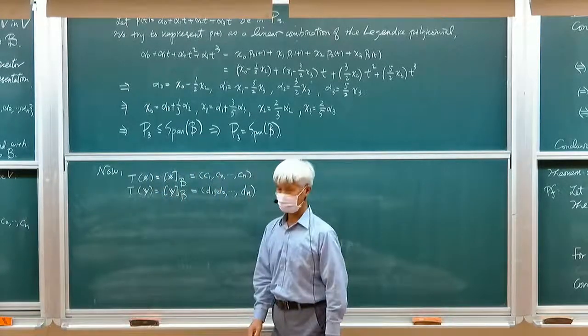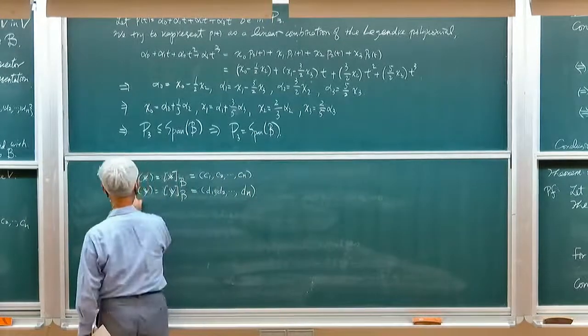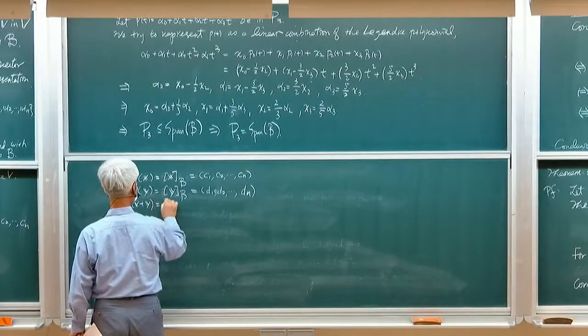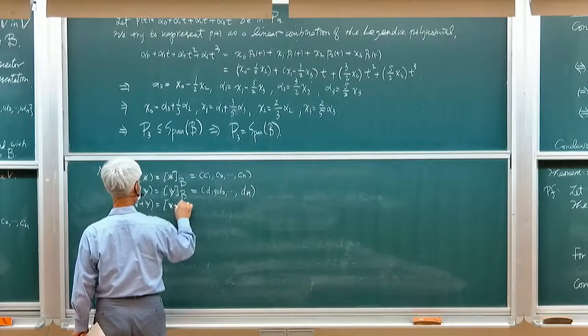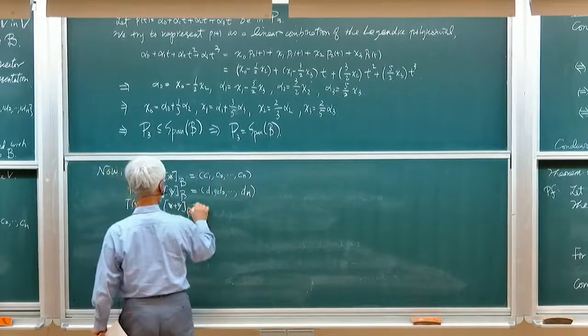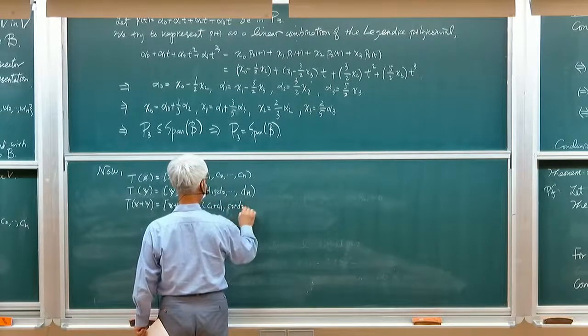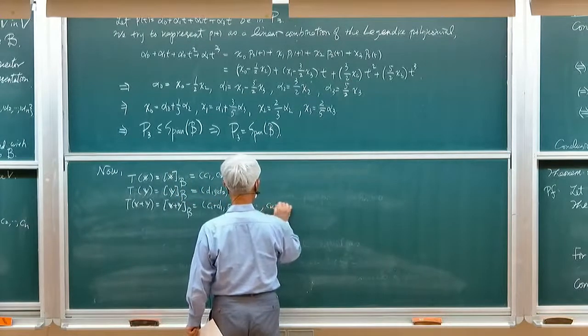Okay? And T of x plus y is the vector c1 plus d1, c2 plus d2, cn plus dn.